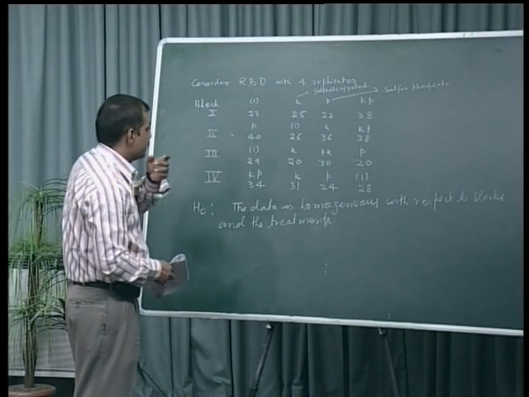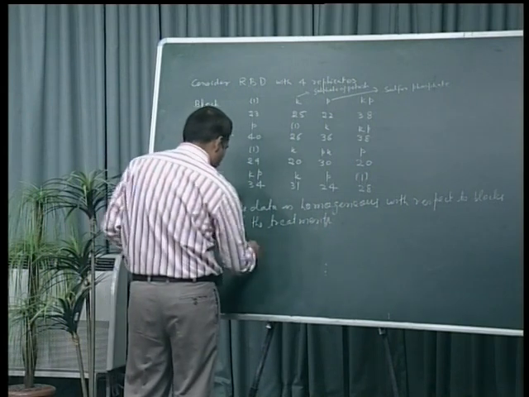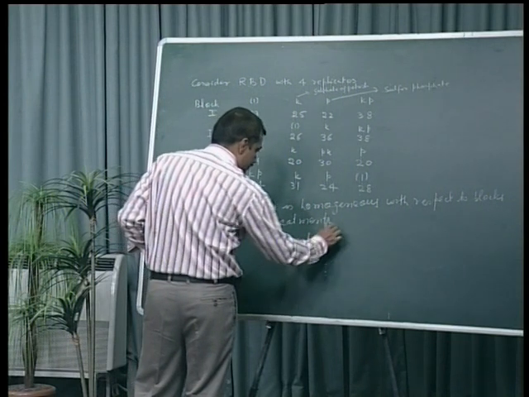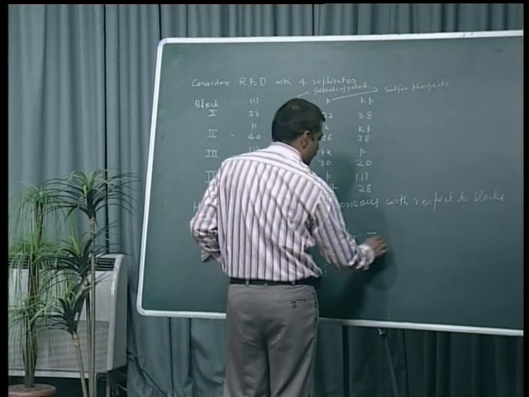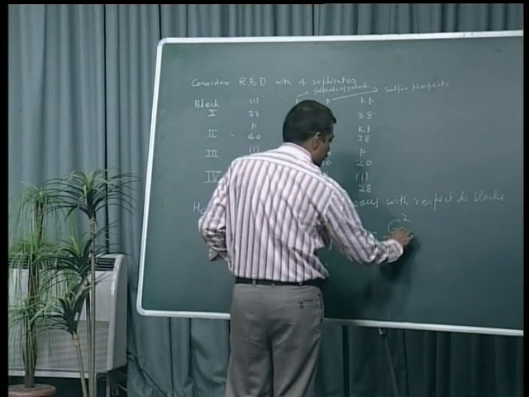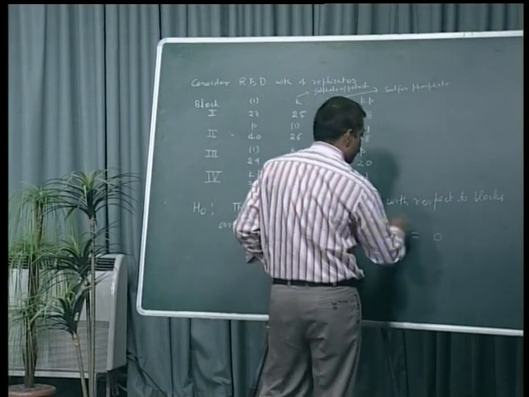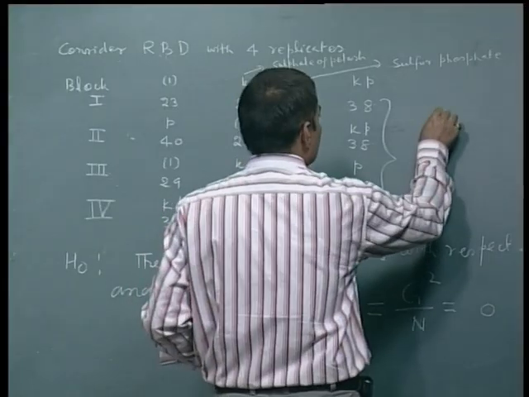Now by applying Yates method, we calculate the grand total and other factors, for example the correction factor for the analysis. The correction factor is given by the formula G square over n.